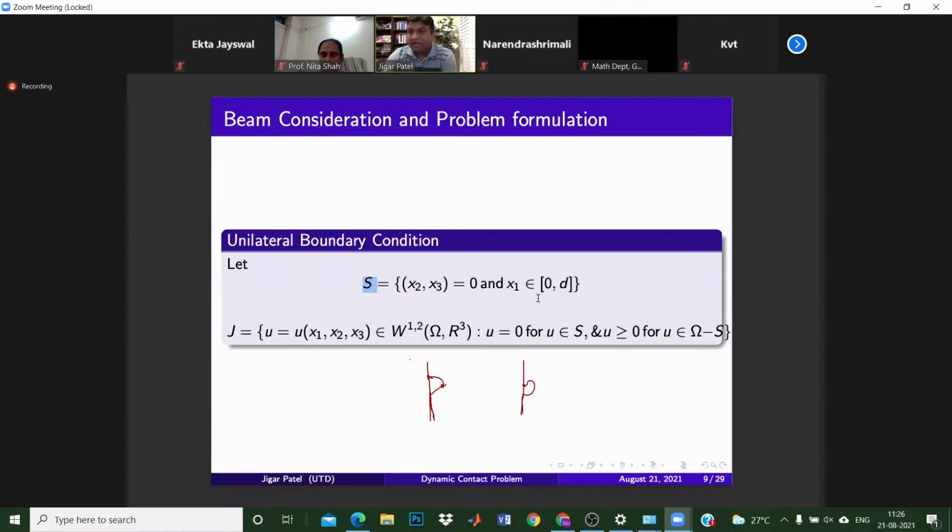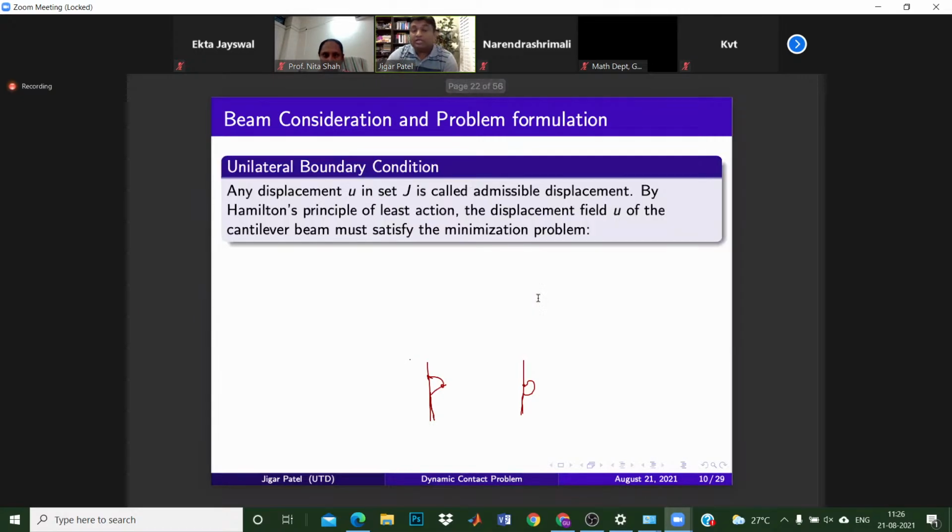This boundary condition is used to create that artificial crack at the supporting wall. All right. So any displacement u in set J, I'm going to call an admissible displacement. This is the possible set of solutions, right? Possible displacement. Now, as I said, we have used standard principles to solve this particular problem.